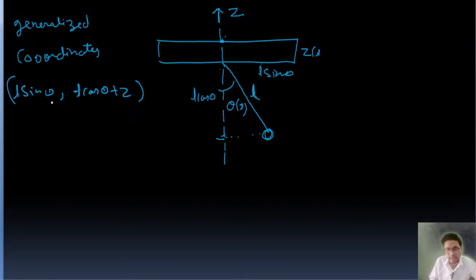Now we'll find the Lagrangian in the cylindrical coordinate system for this system.